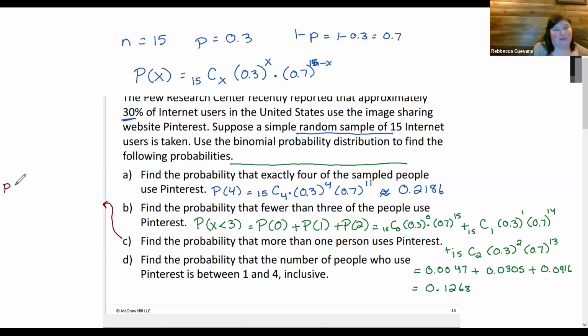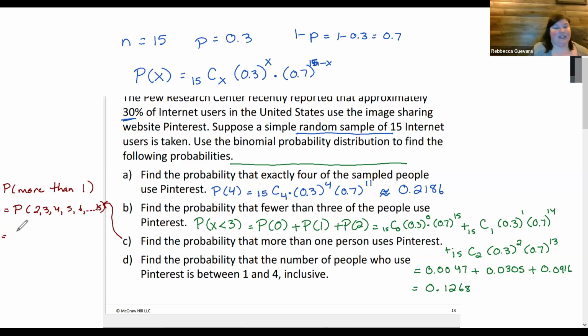More than 1, that is the same as saying the probability that 2 people, 3 people, 4 people, 5 people, 6 people, etc., up to 15 people use Pinterest.